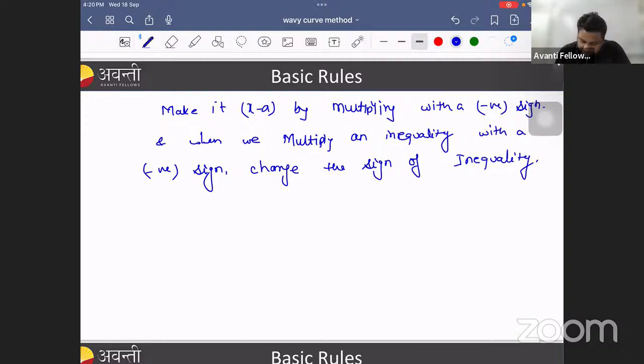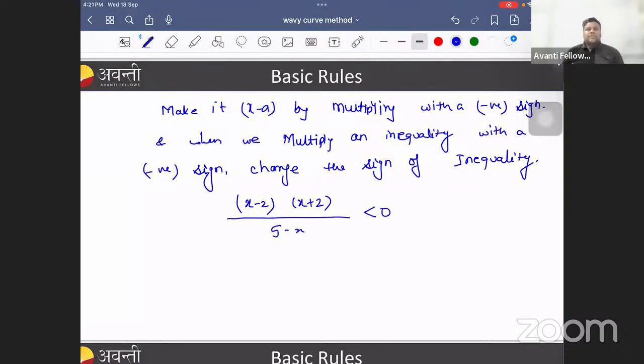Let us assume you have (x minus 2)(x plus 2) upon (5 minus x) less than 0. Let us say we have this. Got it? So this is not in the right format we are looking for. So what do? We take minus common.